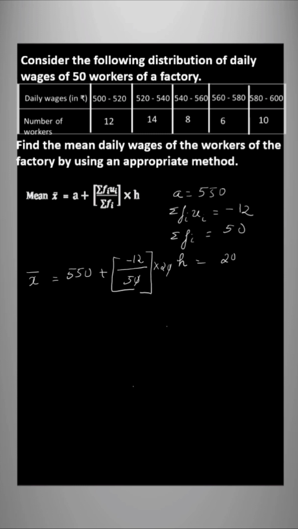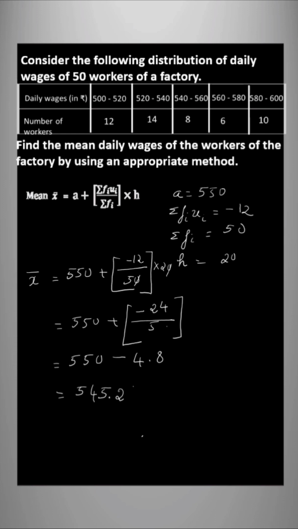The 0 and 0 get cancelled. Here 550 plus negative of 12 into 2, negative of 24 divided by 5, that is equal to 550 minus 4.8, that is equal to 545.2. So the mean of daily wages of the workers of the factory is 545.2 rupees.